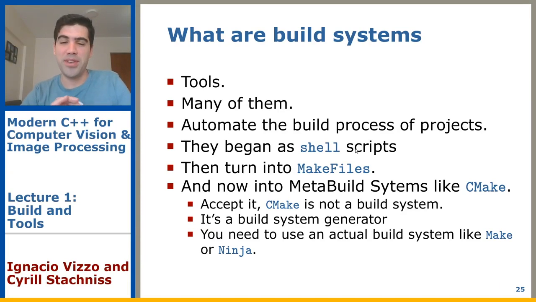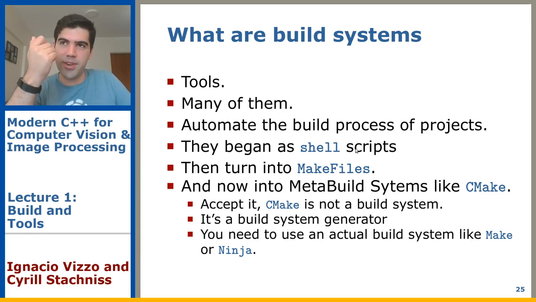The brief history is that they began as shell scripts. So, okay, you can say, you just run 4 commands. You can write a shell script and then you just copy paste your commands there. That's your task for the first assignment. But then of course, if you change the name of the file, then you need to go to the shell script and change all the naming. It's a mess.